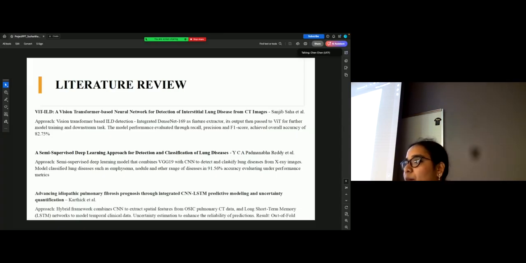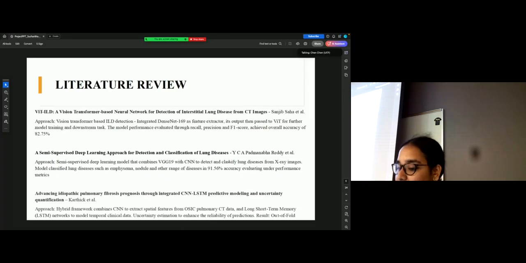Pulmonary is a broad area, covering the respiratory system to the heart. They used the ILD dataset, in which they classified and detected emphysema, fibrosis, and other lung-related diseases. They used a DenseNet feature extractor, with the same methodology, and achieved 82.75%.